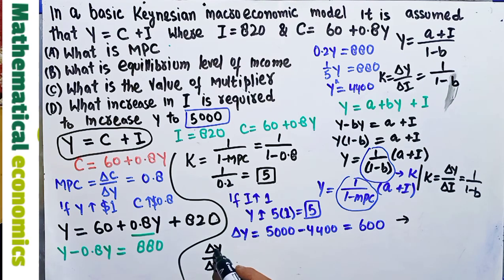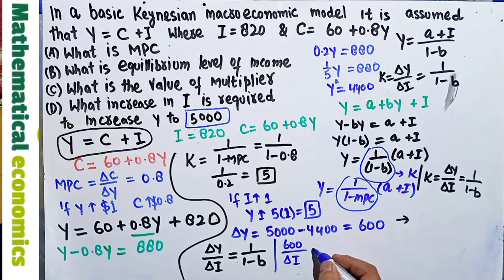So change in income due to change in investment should be equal to 1 upon 1 minus b by the multiplier formula. And we know that the change in income that is to happen is 600, and we need to find out how much investment is required to make this 600 change in income.